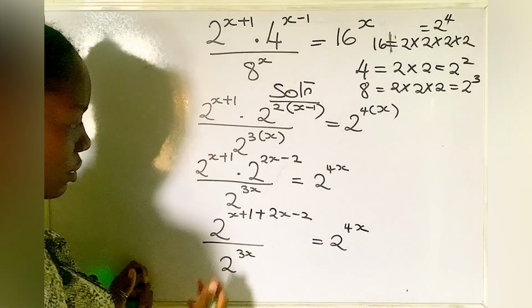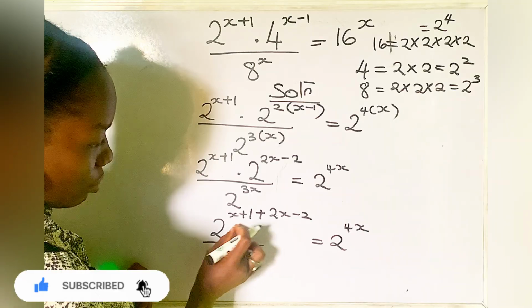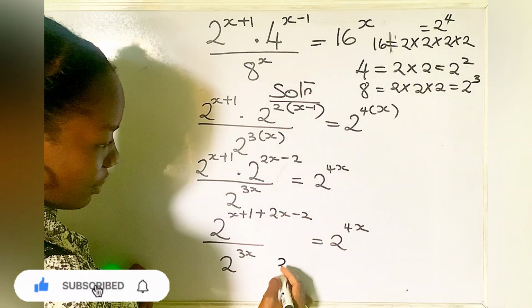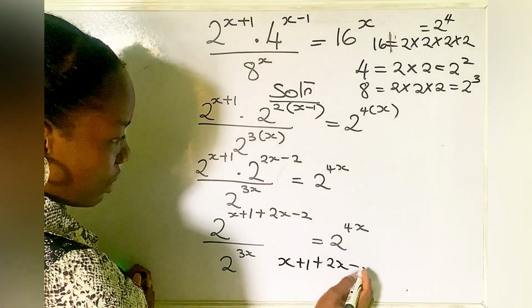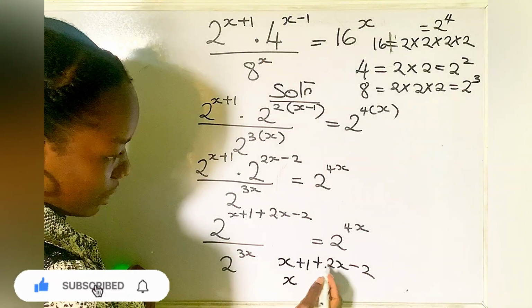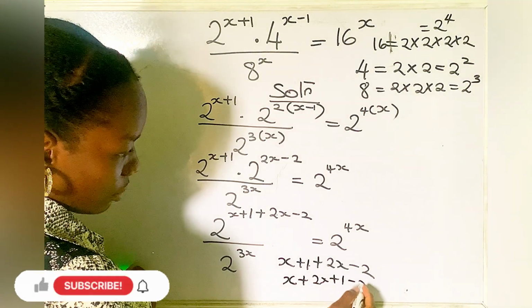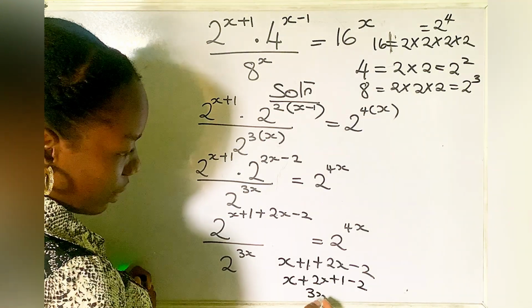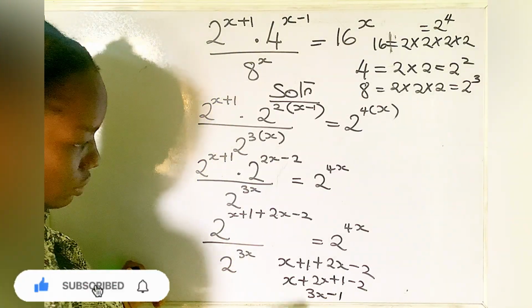All right, so now x plus 2x, let's add this first. We have x plus 1 plus 2x minus 2. So we collect the like terms. We now have x plus 2x, that is 3x, and 1 minus 2, that's minus 1. So we have 3x minus 1, right?